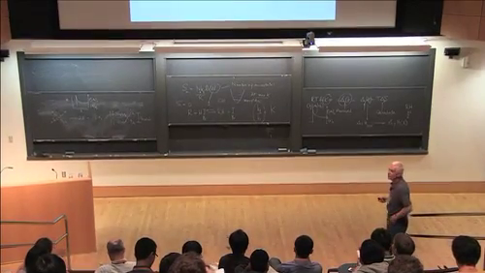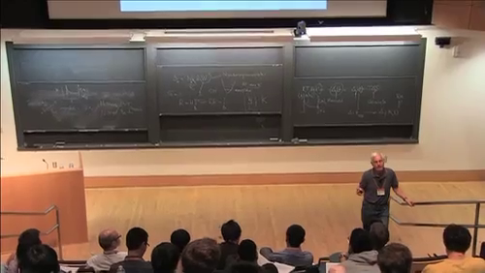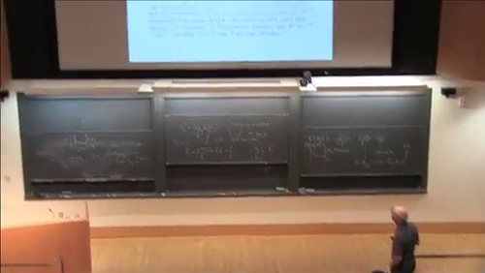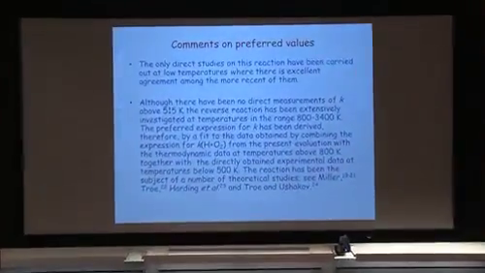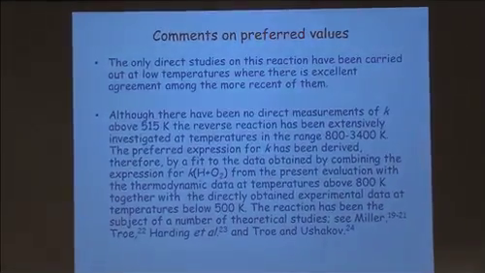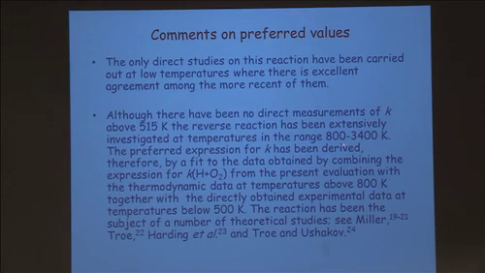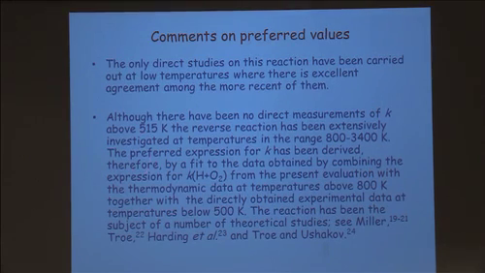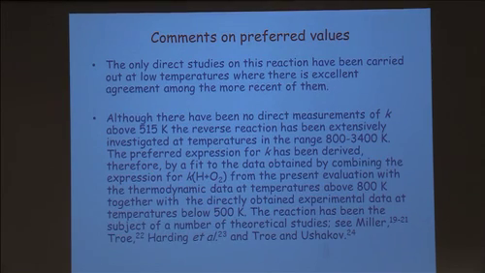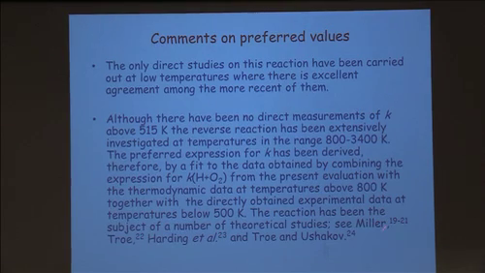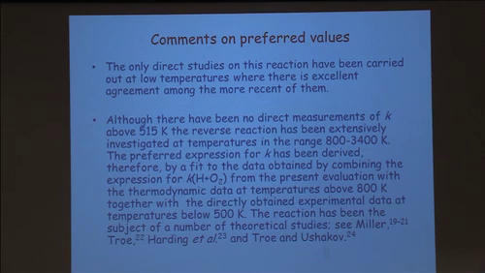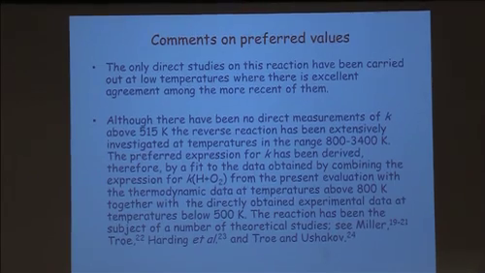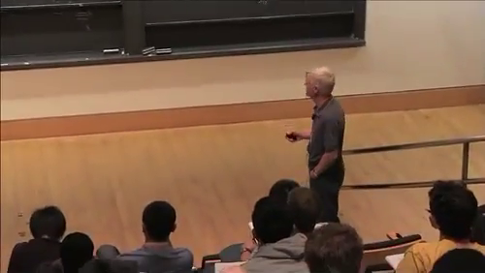So the experimental measurements only go up to about 500 K. Although there have been no direct measurements of K above 515 K, the reverse reaction has been extensively investigated at temperatures in the range 800 to 3400 K. And the preferred expression for K has been derived from a fit to the data obtained by combining the experimental data with the expression for K, H plus O2, and that enables them to go all the way from a couple of hundred K up to 3400 K. So this shows the importance of thermodynamics in making recommendations for this rate coefficient.